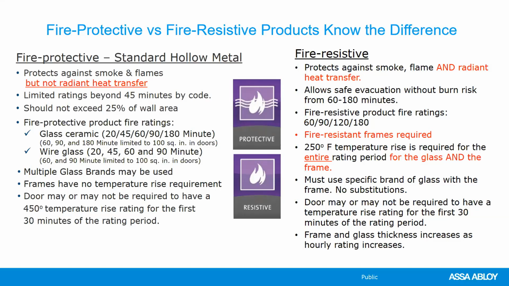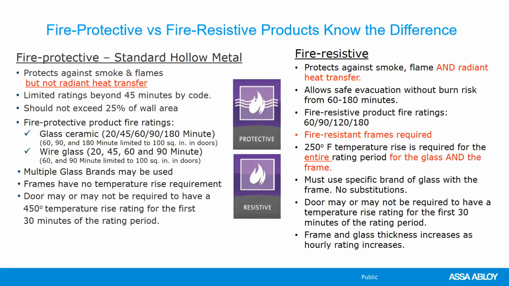One significant difference is that fire resistive also resists the transmission of heat through the assembly. That's a 250-degree temperature rise requirement, as opposed to the 450 temp rise for 30 minutes that we're more familiar with for means of egress.